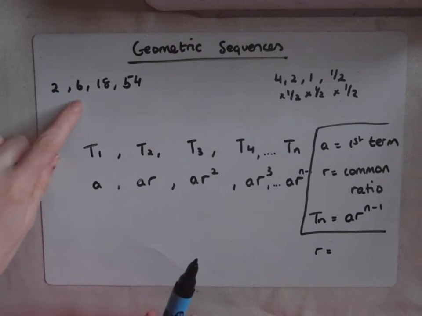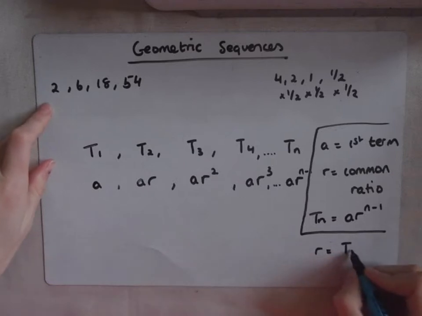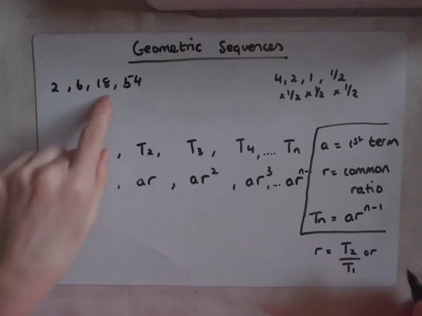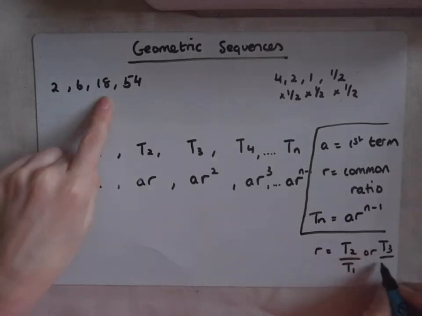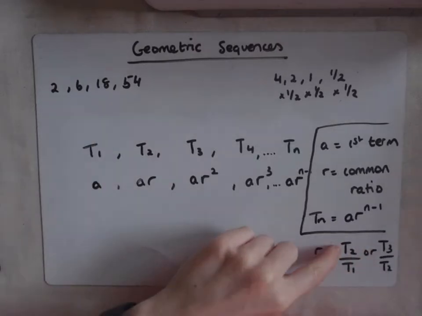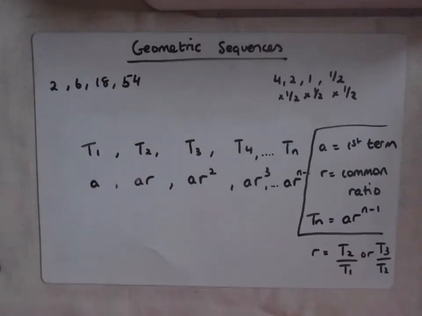T2 by T1. Lovely, exactly. T2 divided by T1, or any T3 divided by T2, as long as you're doing that term divided by the one previous to it. That's how you get your r. And that is literally it for geometric sequences.